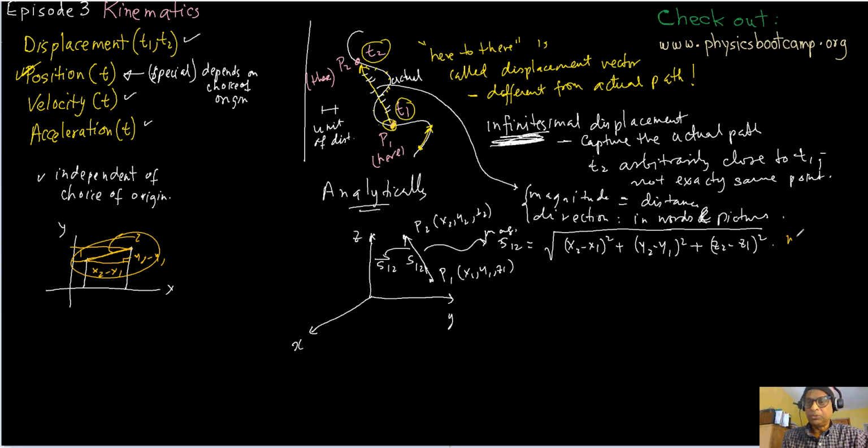Now what will be the direction? So I got the magnitude. What's the direction? If you have three dimensions, how do you tell the direction of something in three dimensions?